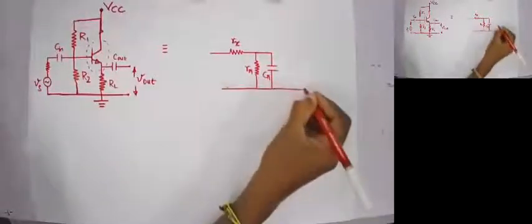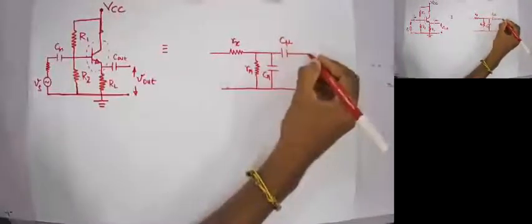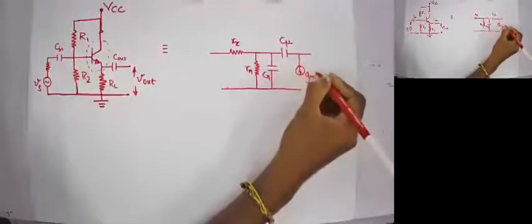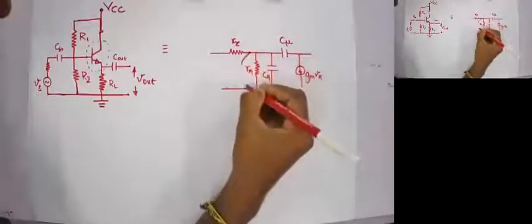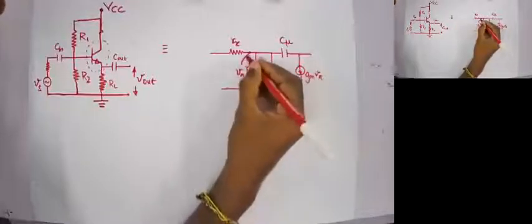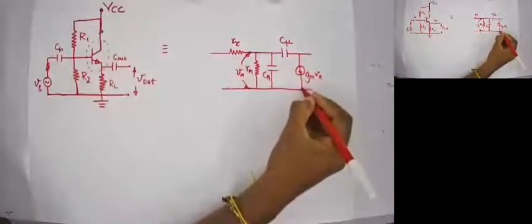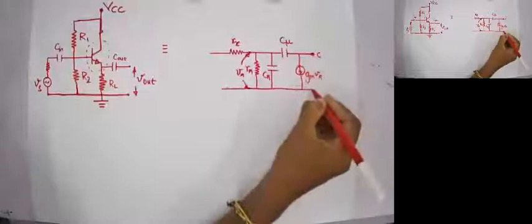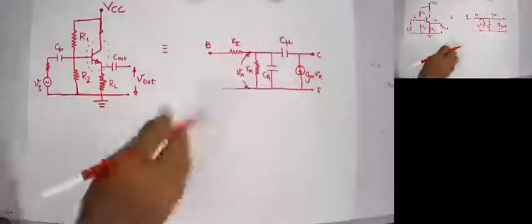Then of course I have another capacitor which is C mu right here, and gm into V pi, where V pi is the voltage across these two points, right? So that's all about the transistor. This is your collector terminal, this is your emitter, and this one is your base, right?